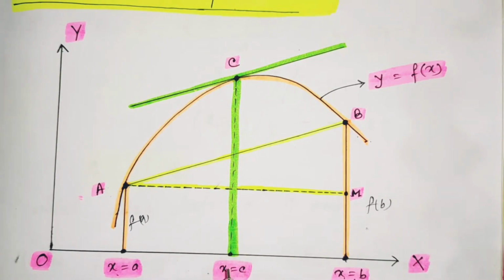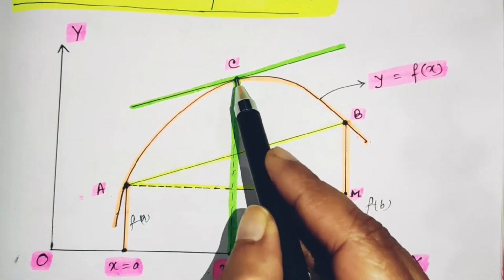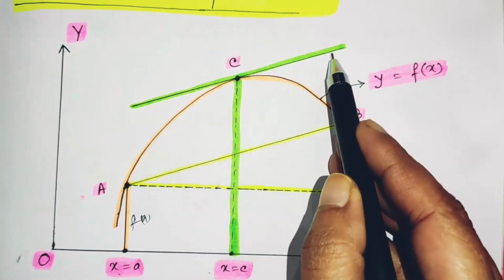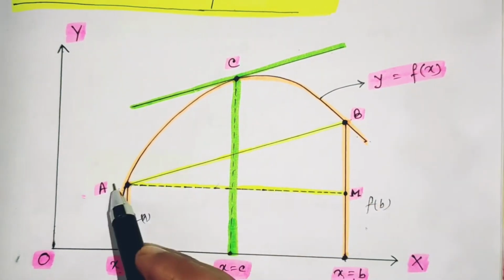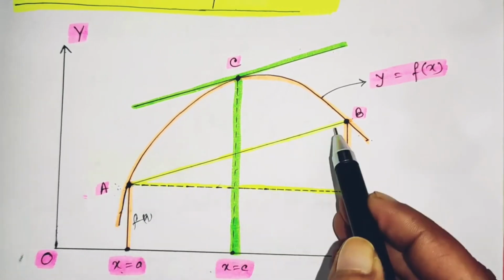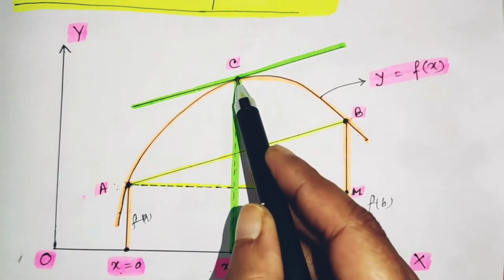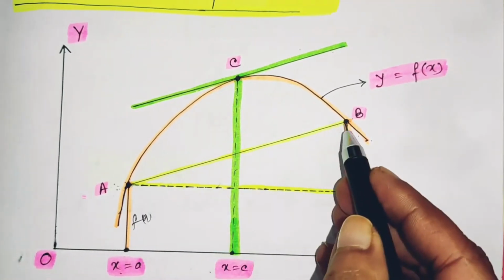So there exists at least one point where if we draw the tangent, that means at this point we take the derivative, then this derivative value is parallel to this secant line joining a and b. At that particular point we will find a tangent which is parallel to this line.